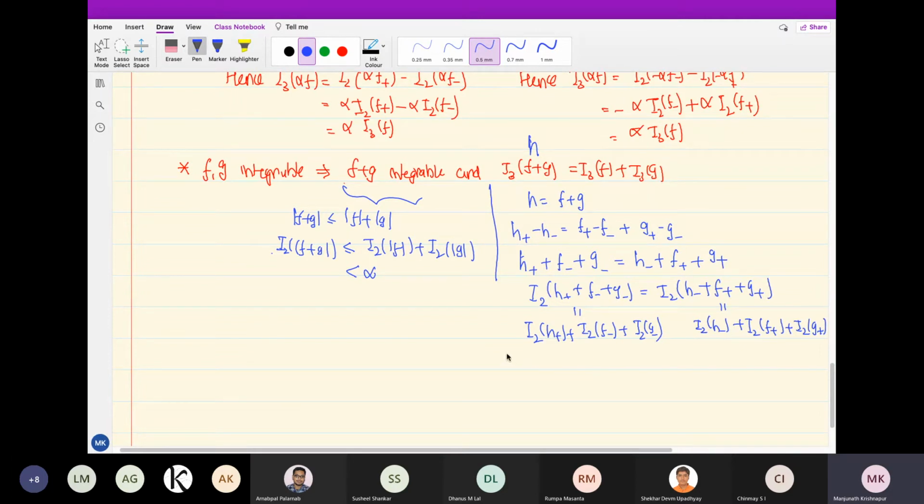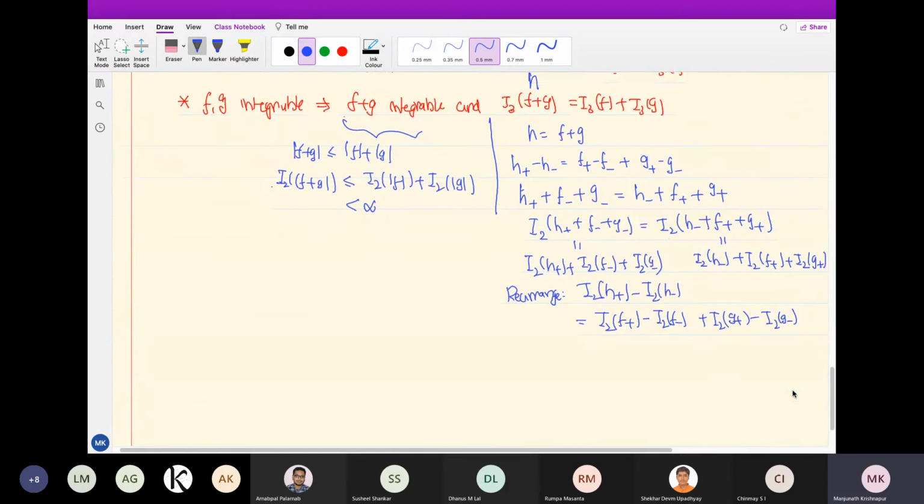Now again rearrange. So I transfer this H minus to this side. So I get I2 of H plus minus I2 of H minus equal to, I transfer these F minus, G minus to the other side, I2 of F plus minus I2 of F minus plus I2 of G plus minus I2 of G minus, which is what you want to prove, right?